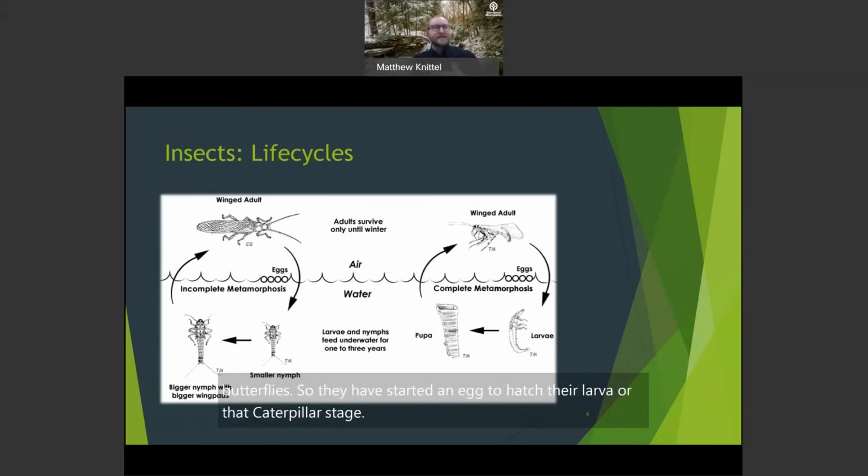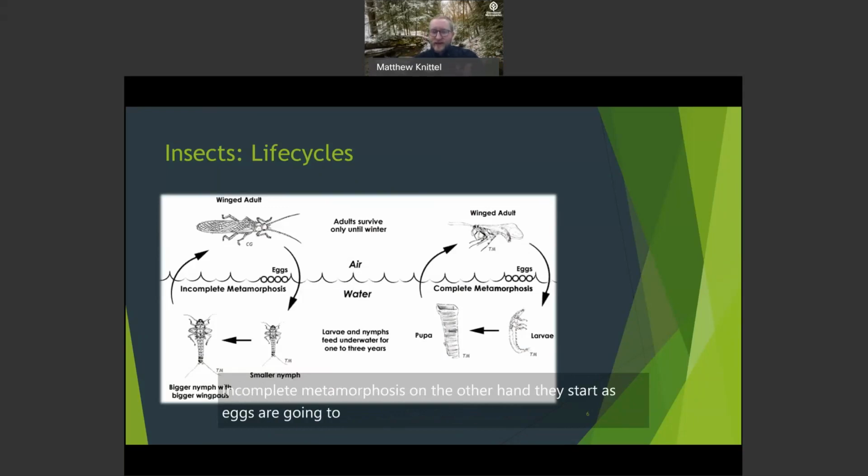After they eat and eat and eat and grow and grow and grow, then they'll form a pupa or a cocoon, depending on their species, right? But they'll form that pupa stage, and that's where they are able to break their body down, rebuild it, and then they can emerge as an adult.